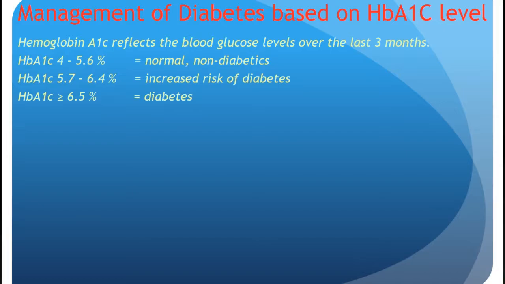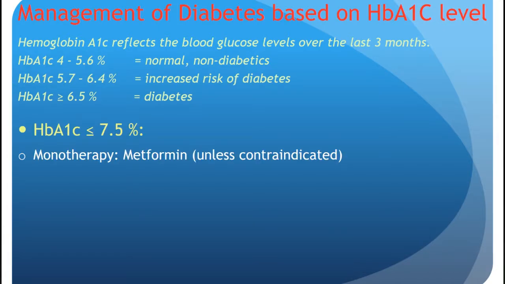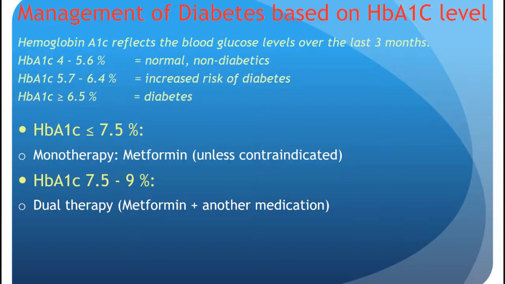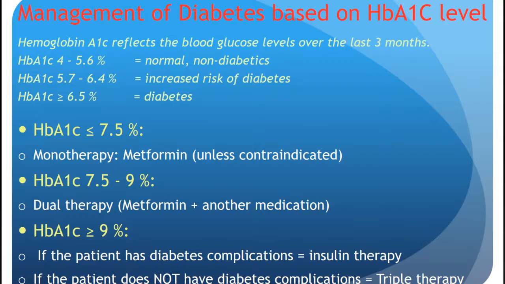And the first drug of choice is always going to be metformin. If the patient's hemoglobin A1C was anywhere between 7.5 and 9%, you need to add another drug to metformin, dual therapy. Patients with hemoglobin A1C more than 9%, usually these patients will need insulin therapy.